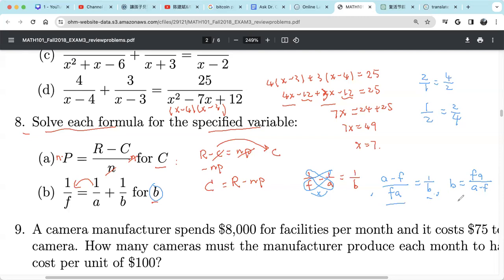When I flip over, B becomes the numerator, and FA also becomes numerator. The numerator before becomes the denominator. 1 over B flips to B over 1, but we usually don't write B over 1, we just write B. So B is solved. B is F times A divided by A minus F.